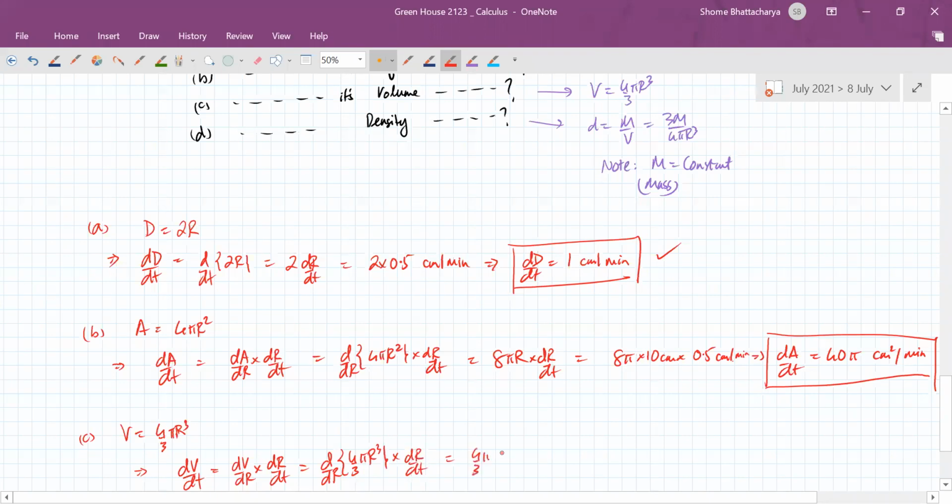So 4 by 3 pi is a constant into differentiation of r cube will become 3r square into dr by dt. So that is 4 pi r square dr by dt.